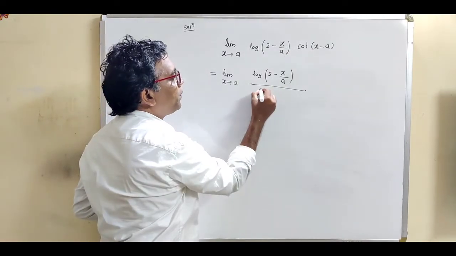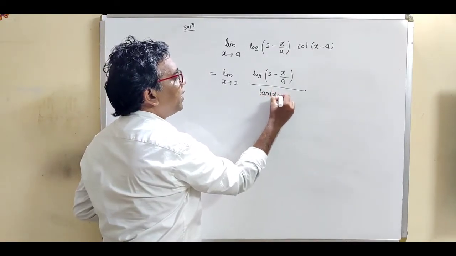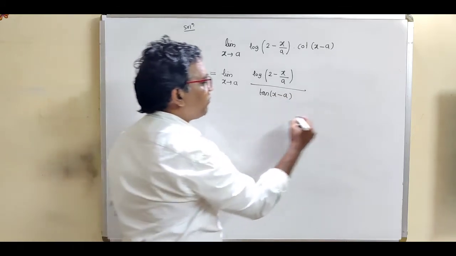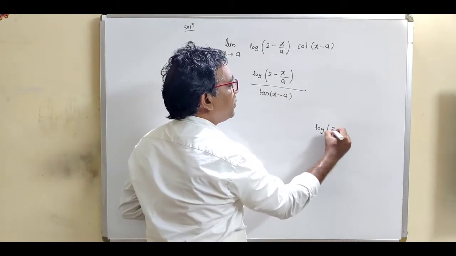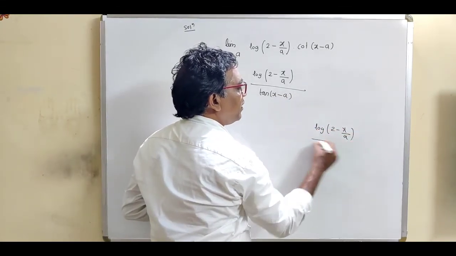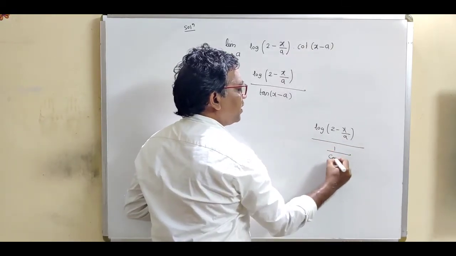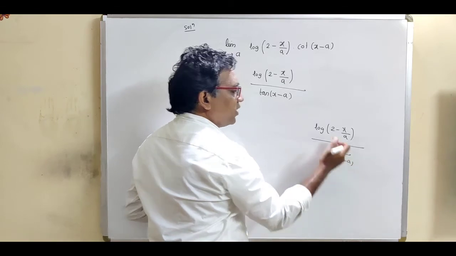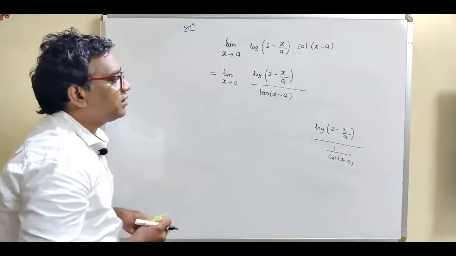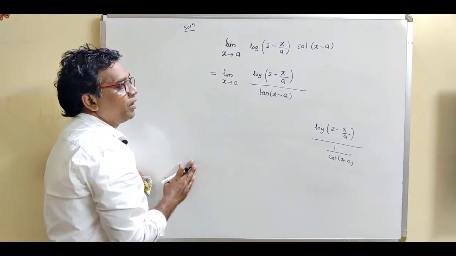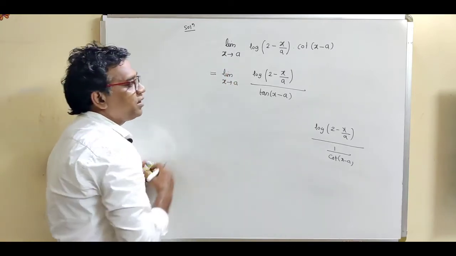So this cot becomes tan of x minus a. Or we can write like this, log of 2 minus x upon a divided by, now if we transform this trigonometric term in denominator, then it becomes 1 upon cot. So instead of 1 upon cot, we can write here tan of x minus a. So this is the proper form, which is the division form.